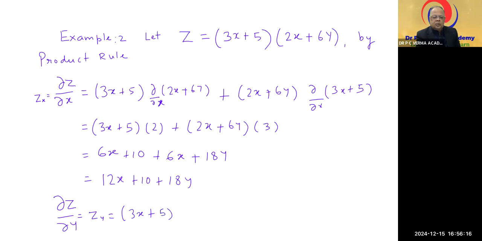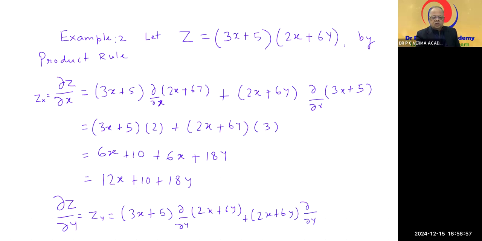Differentiate this one del by del y, and the method is like 2x plus 6y. Then plus, now we will write 2x plus 6y and differentiate with respect to y.